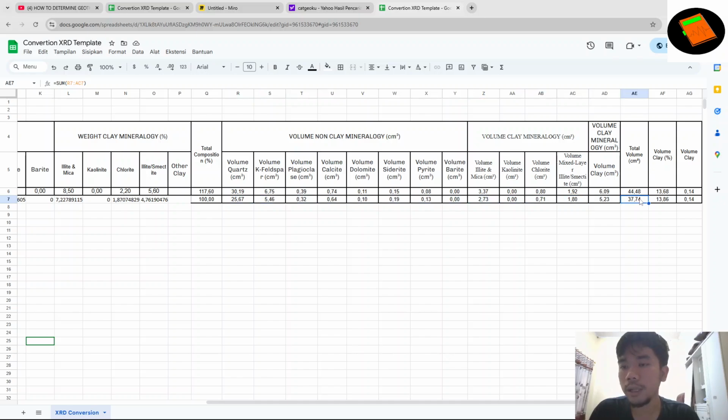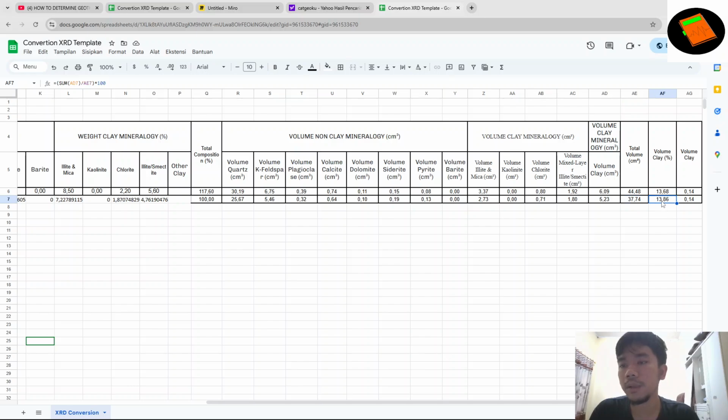So we will get 37.74. One note: we will always have total volume much larger than volume of clay. And for the last, we can transform it in the form of percent or decimal.